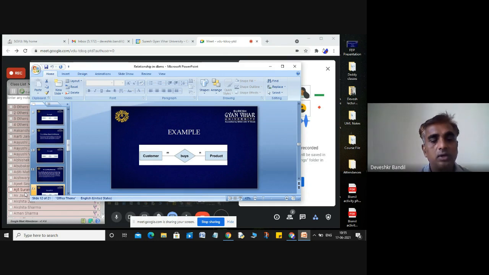As I told you, here are two tables, two entity types, customer and product. A customer can buy more than one product, and obviously a product can be bought by many different customers.